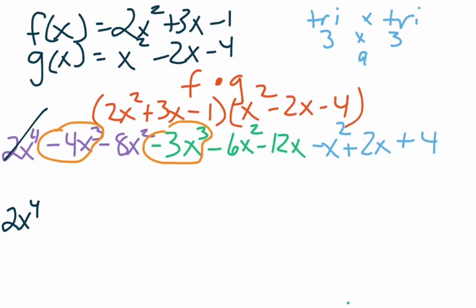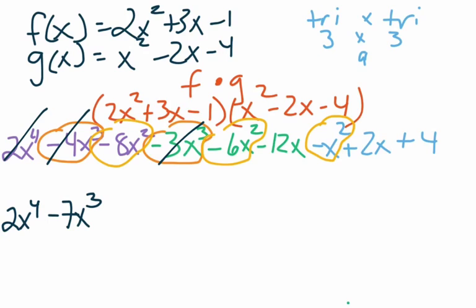So that's going to give me negative 7x to the 3rd, and I'll cross those off. For x squared, I have negative 8x squared, negative 6x squared, and then just a plain negative 1x squared. So that's going to give me negative 15x squared. And we'll cross those off.